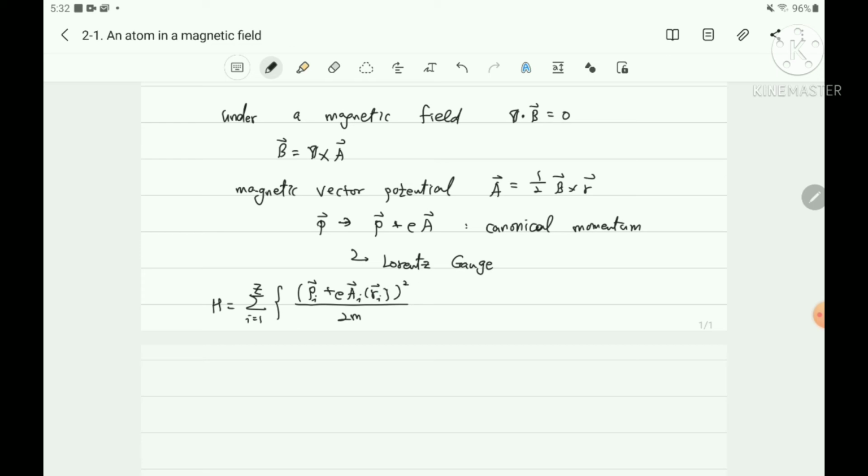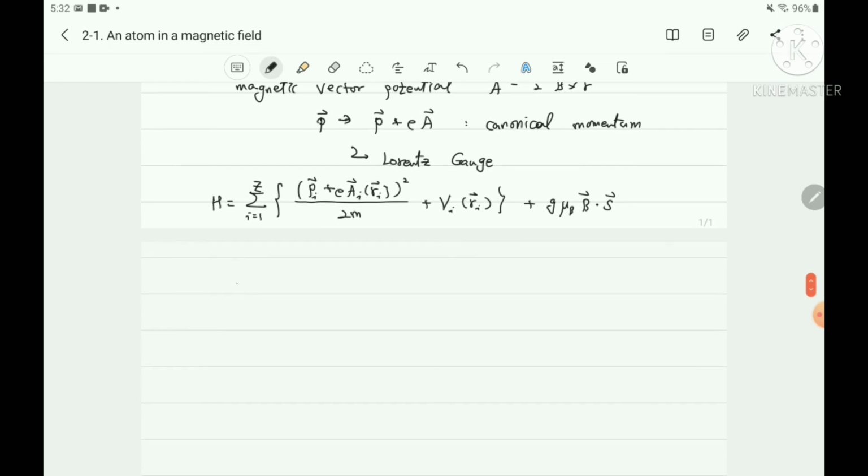It is the canonical momentum squared over 2m, plus the potential energy V_i, which is also a function of r_i, and also the additional Zeeman energy g mu_B B dot S. Here S means the spin angular momentum of the electron.